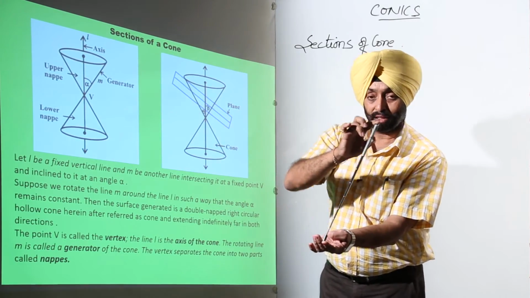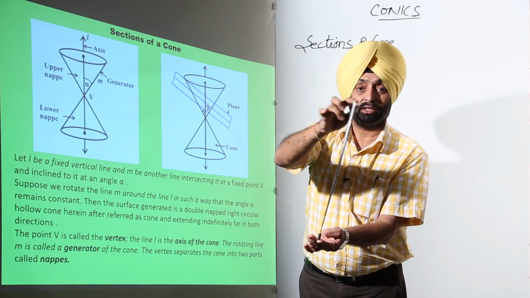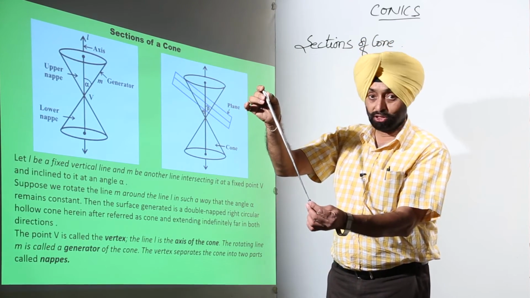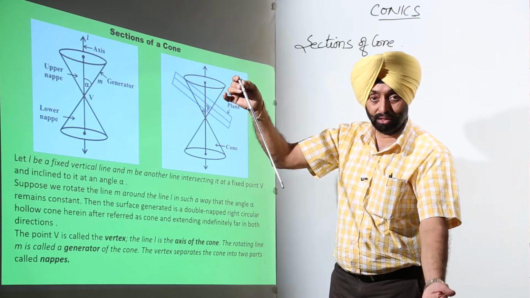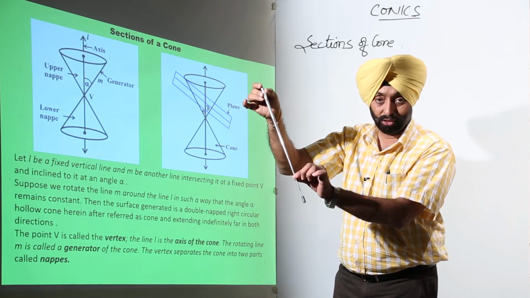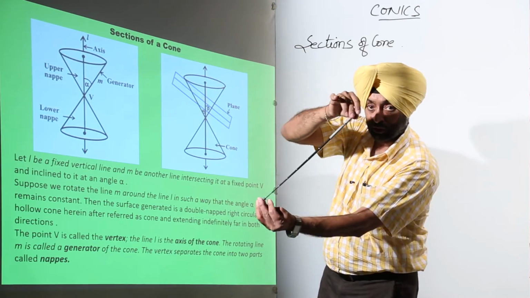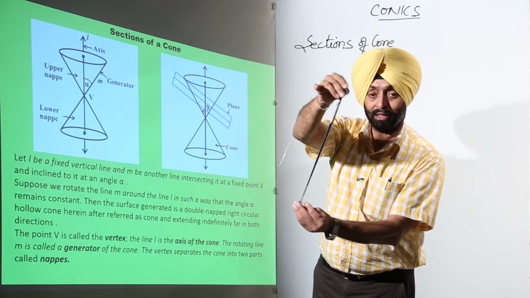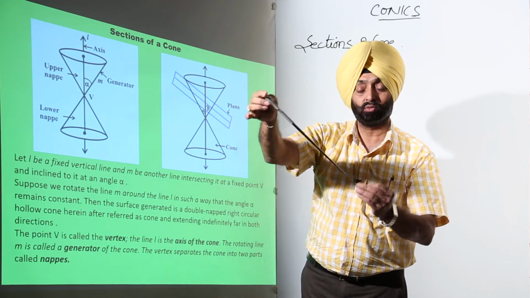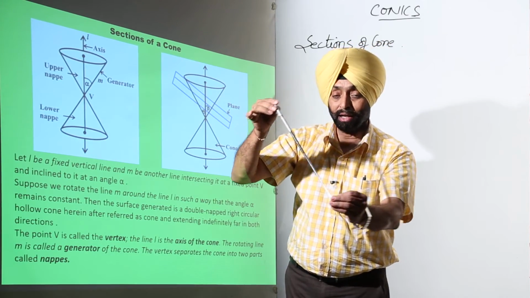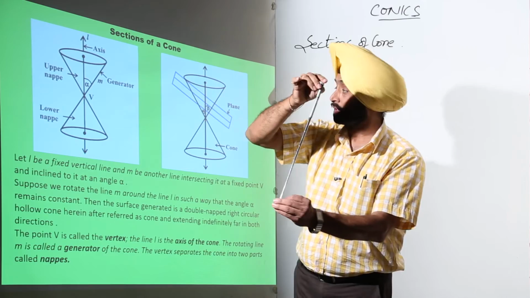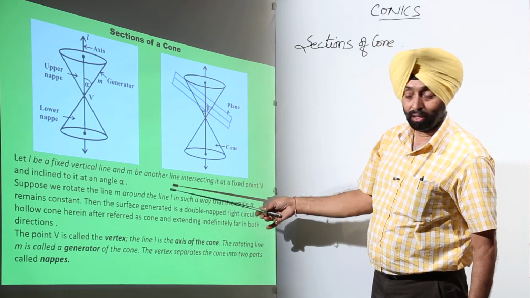So what we are getting is a cone. If this generator is lengthy enough, and we keep generating like this, you will observe that a double napped right circular cone is formed and it is hollow from the inside. That's what they have written here.